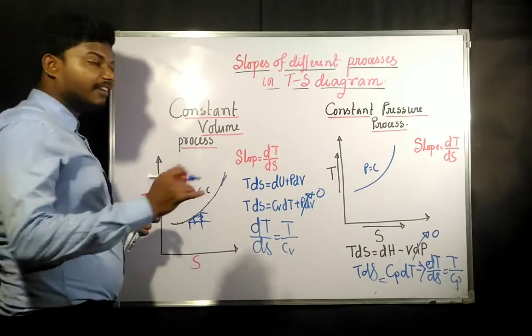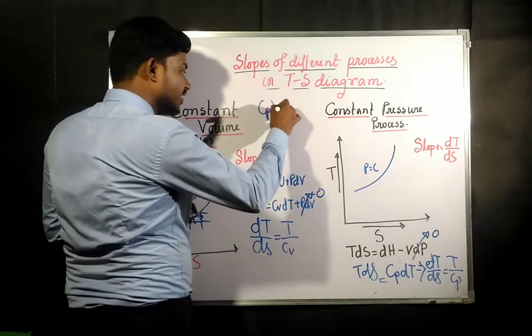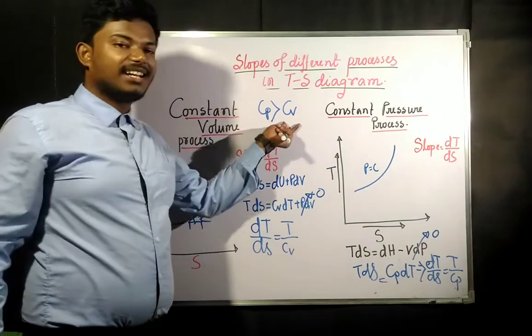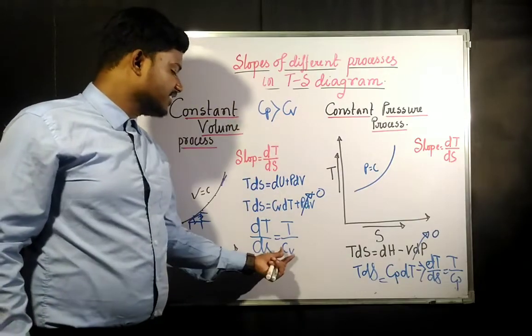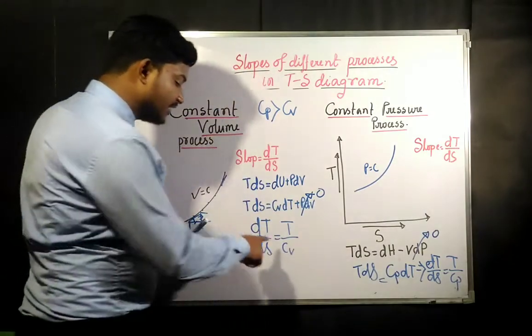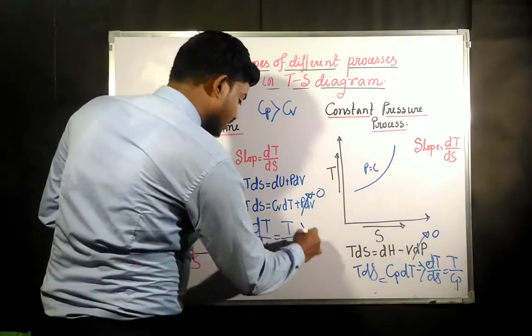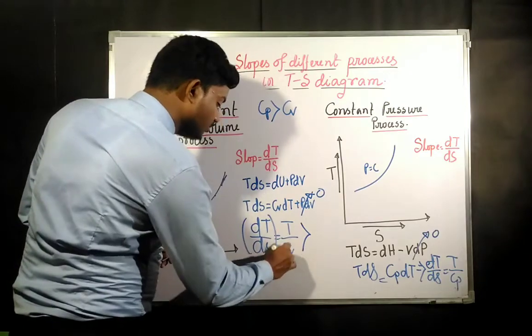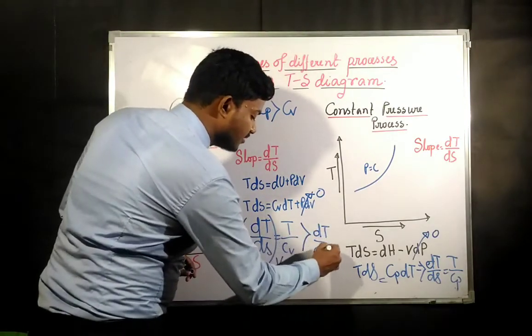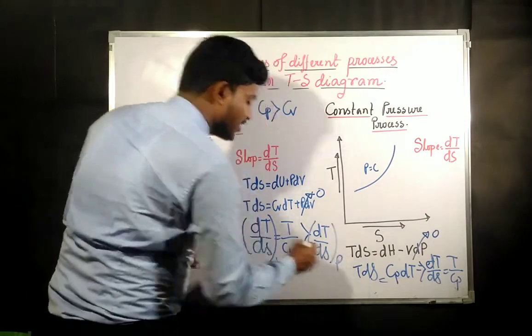Now we have read earlier that Cp is always greater than Cv. But here Cv is in the denominator in one case and Cp is in the denominator in the other. So what will happen? The slope at constant volume will be greater than dT by dS at constant pressure.